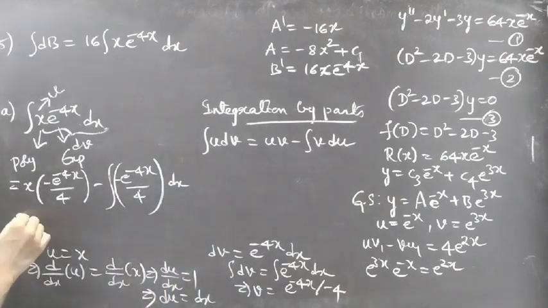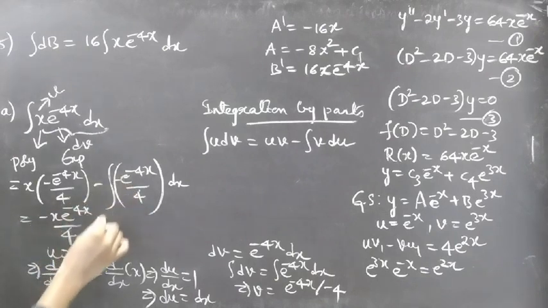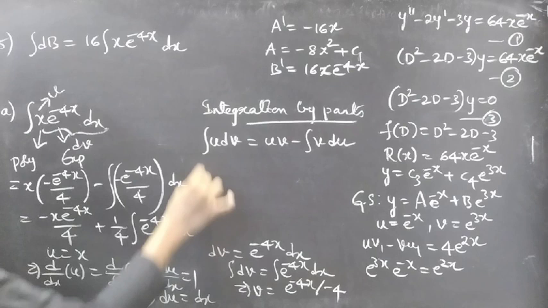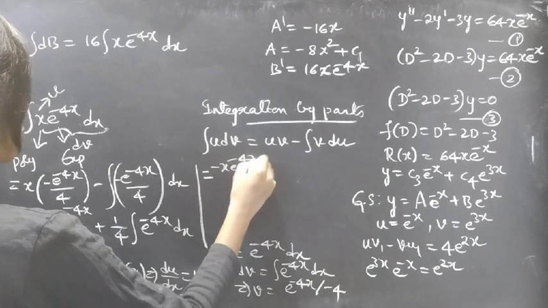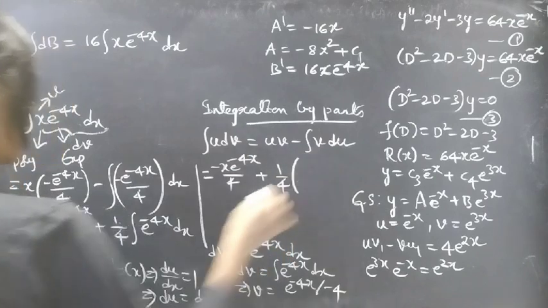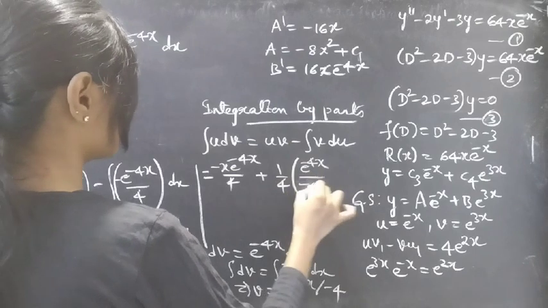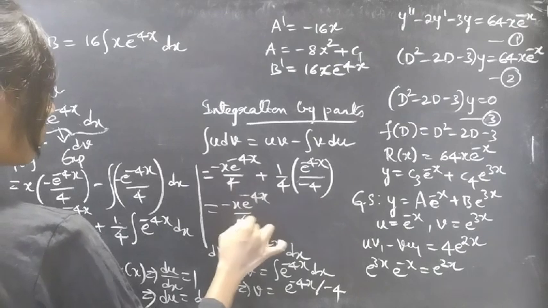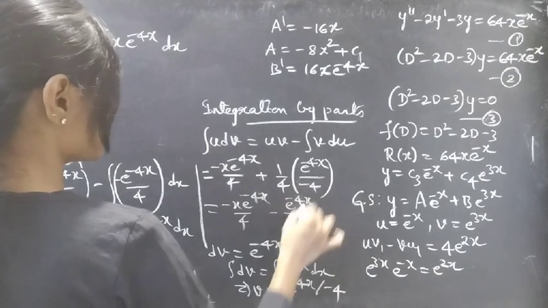This gives us minus x e power minus 4x by 4 minus into minus plus 1 by 4 integral e power minus 4x dx, which gives us minus x e power minus 4x by 4 plus 1 by 4 into integral e power minus 4x dx, which is e power minus 4x by minus 4. Again this gives us minus x e power minus 4x by 4 plus into minus, minus e power minus 4x by 4, 4s are 16.